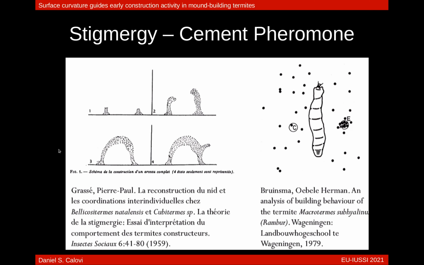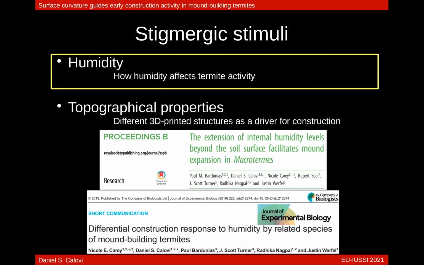So far, we have not been able to find any evidence of cement pheromone, but we have been able to find evidence of other stigmergic properties. All right, so I'm going to focus on two. I'm going to give a brief introduction of how humidity affects termite activity, and I'm going to highlight some of the experiments I did in these two papers here.